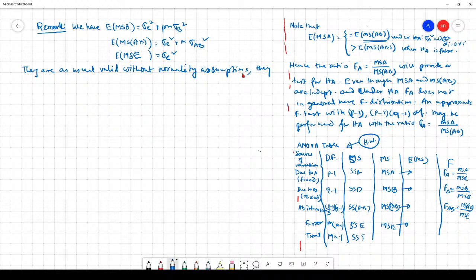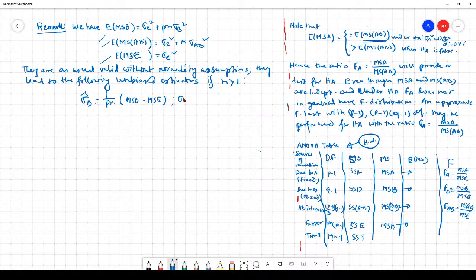They lead to the following unbiased estimators if m greater than 1. That is, we can easily find using the expression of expectation MSA, expectation MSB, expectation MSE. Okay? Sigma B square hat equal to 1 by Pm into MSB minus MSE.